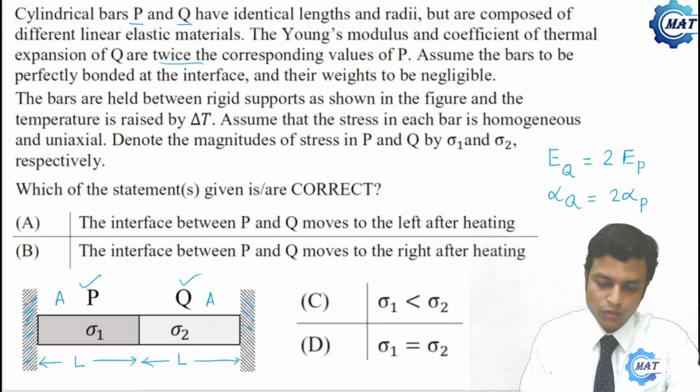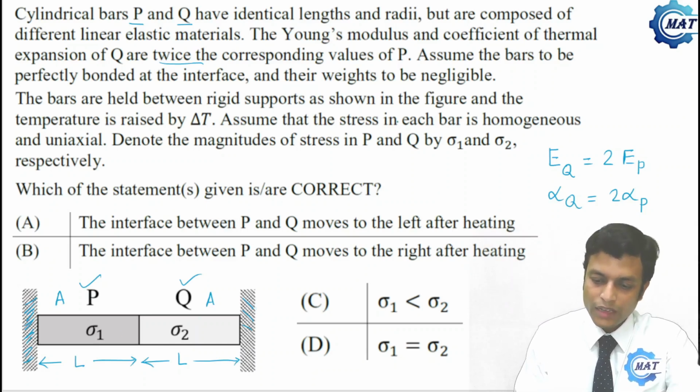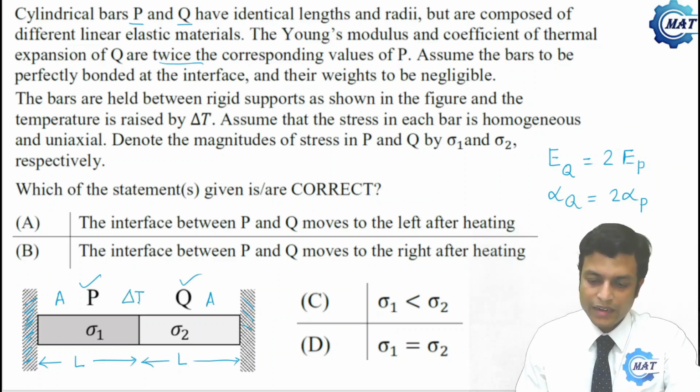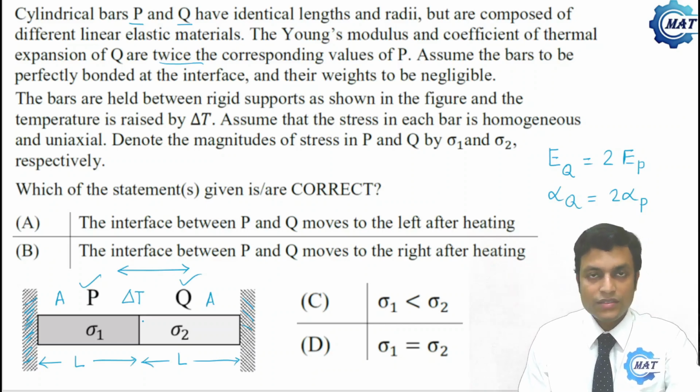These are two rigid supports, which do not allow the bars to elongate, as shown in the figure, and the temperature is raised by delta T. Assume that the stress in each bar is homogeneous and uniaxial. So stresses are only longitudinal stress. And the bars are homogeneous, that is, the cross-sectional area of the bar at each point is the same.